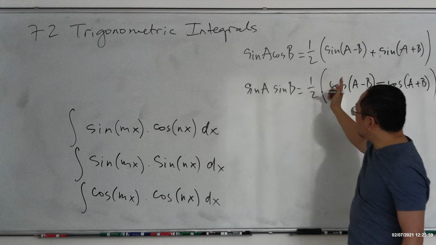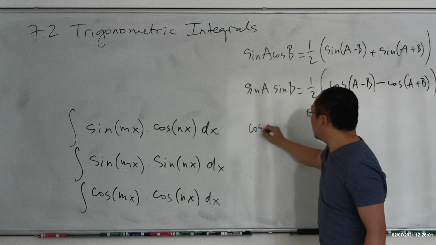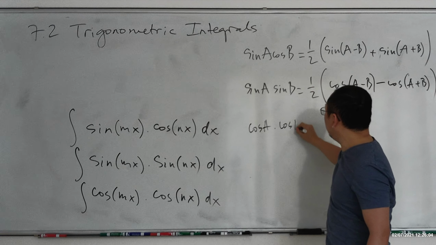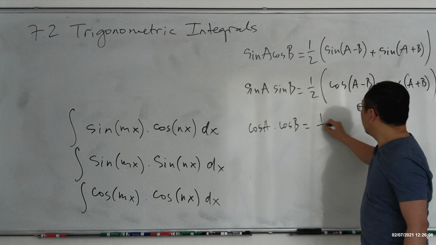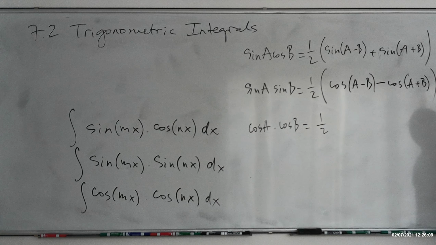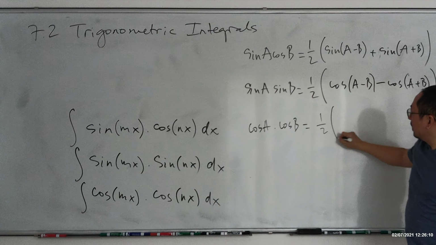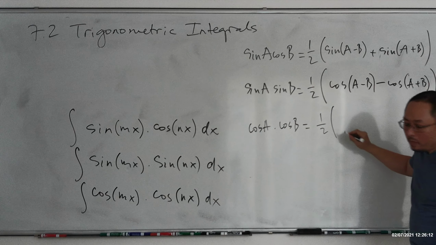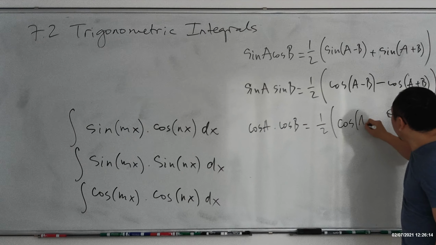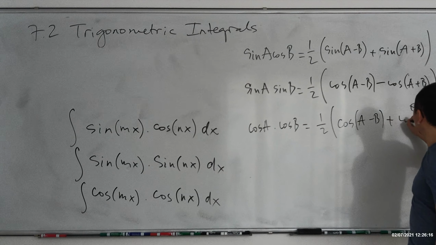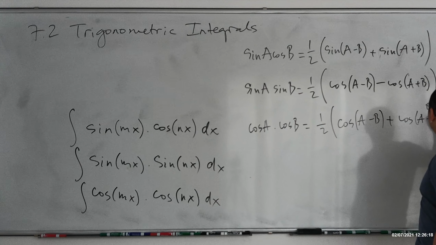The last one is cosine A times cosine B, which is equal to 1/2 of cosine of A minus B plus cosine of A plus B.